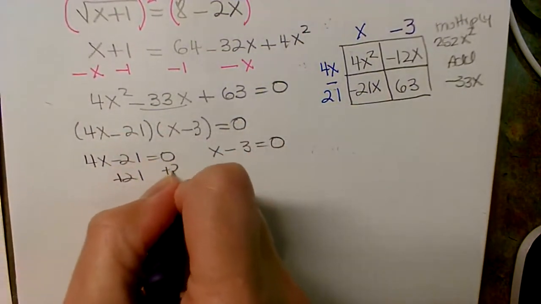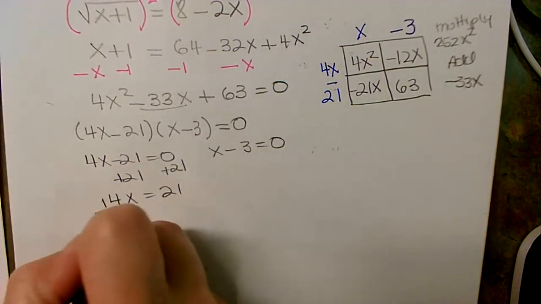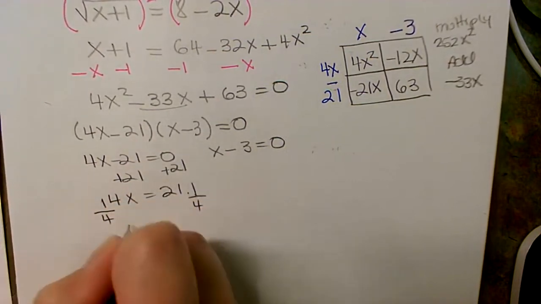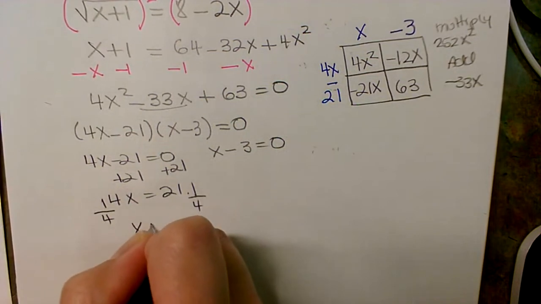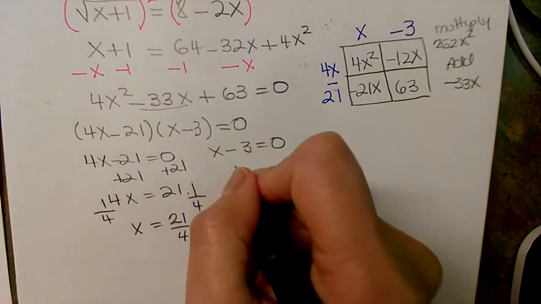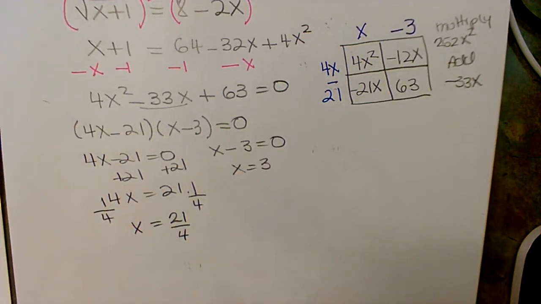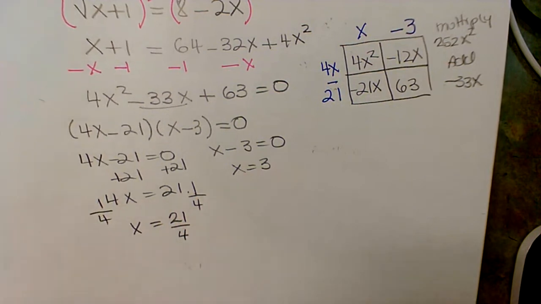We add 21, multiply by the reciprocal, and we just keep it as a fraction, okay? And this one is x equal to 3. Now we need to check both of them.